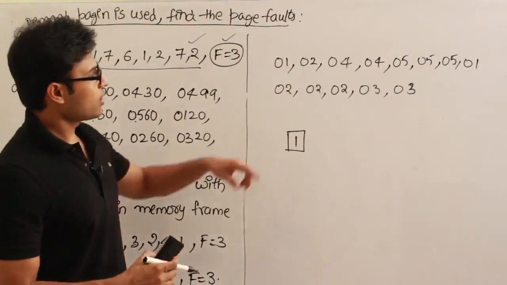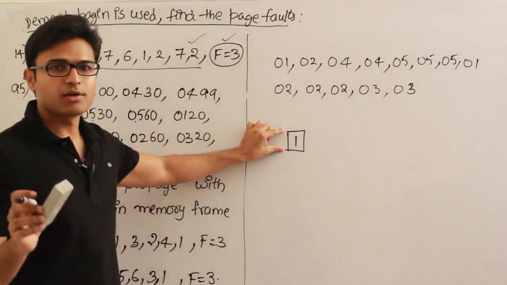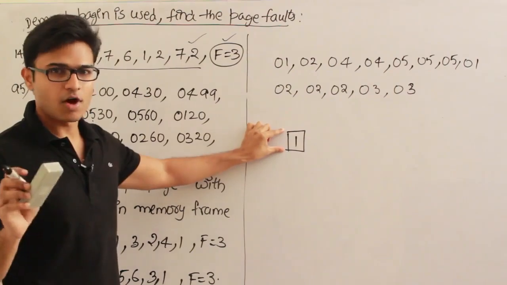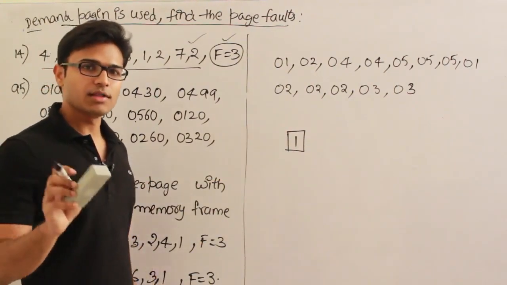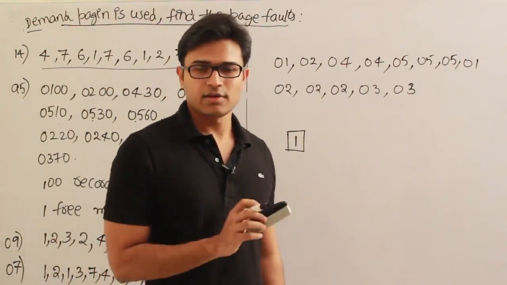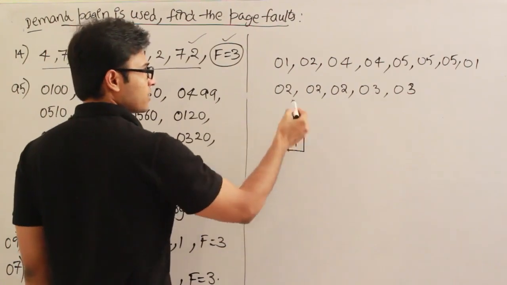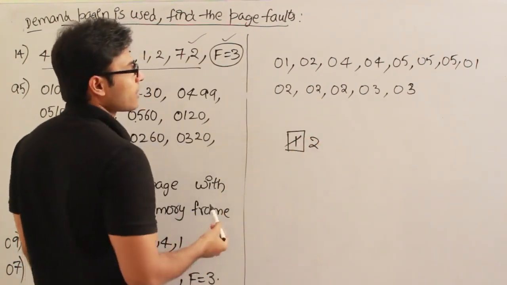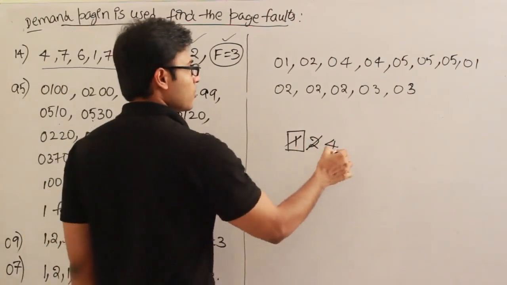So when they want page number 2, there is only one choice to replace. Either you use LRU or optimal or FIFO, everything has to replace only one. All these algorithms differ only when we have choices, but here there is no choice. So every algorithm is going to give the same result, and 1 is going to be replaced with 2, and now next 4 is required, therefore 2 has to be replaced with 4.